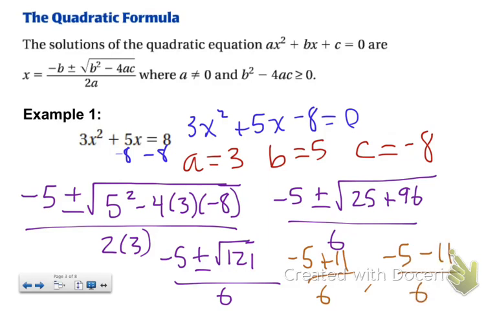Negative 5 plus 11 is positive 6. 6 over 6 is 1. Negative 5 minus 11 is negative 16 over 6, which simplifies to negative 8 over 3. And we can either leave it as a fraction or write it as a decimal. But in this case, those would be our two solutions. So remember, if we were to graph, that's where it would cross the x-axis.